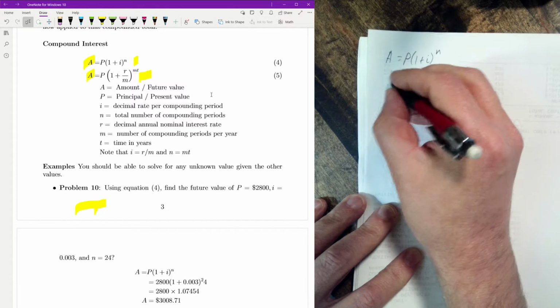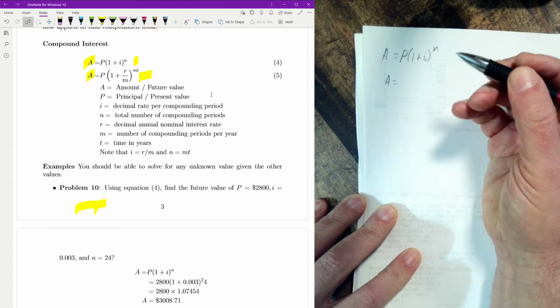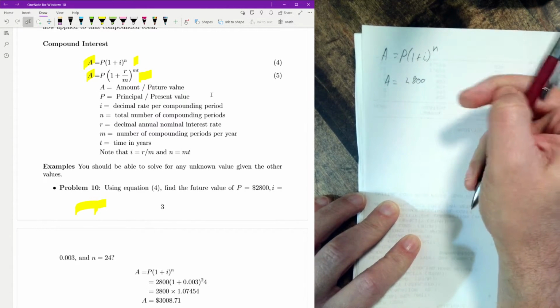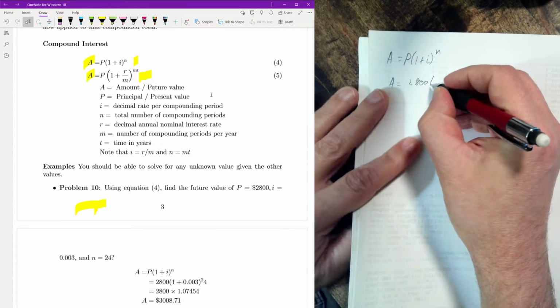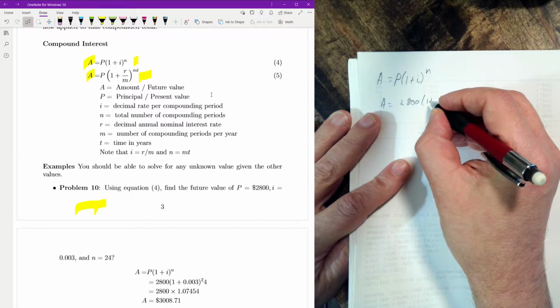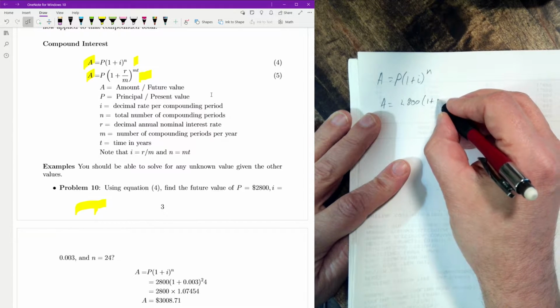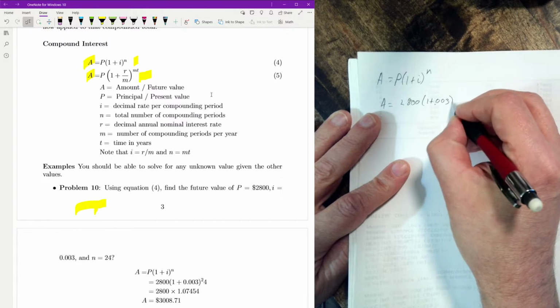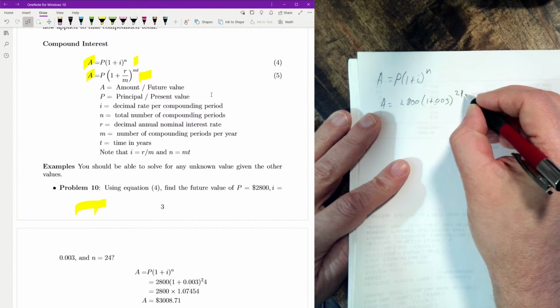The future value is A, so A equals, and we're just going to enter the values right away, 2800 times (1 plus 0.003) to the 24th.